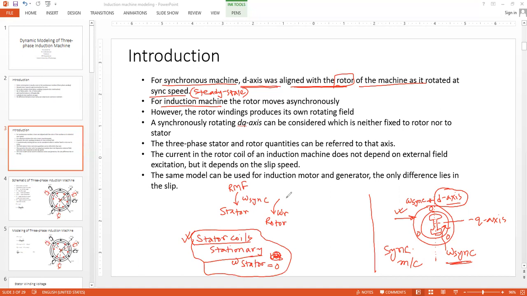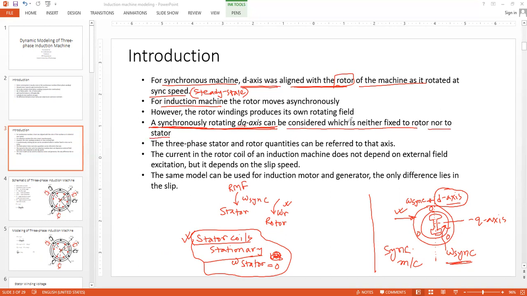However, this part is different. So what we would do now is assume that we have a DQ axis configuration which is running at synchronous speed. Remember, it is running at synchronous speed, but it is neither fixed to the rotor nor fixed to the stator.